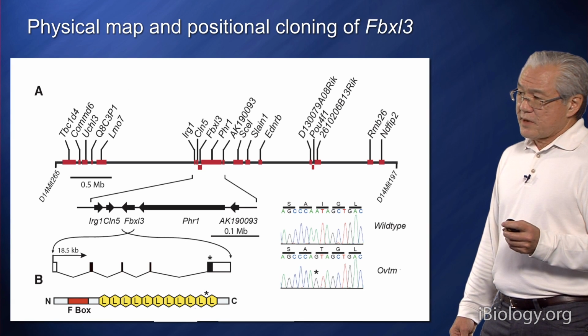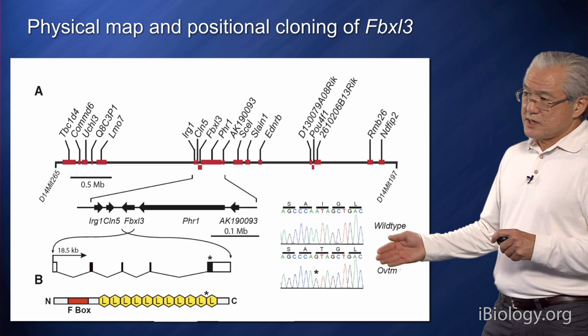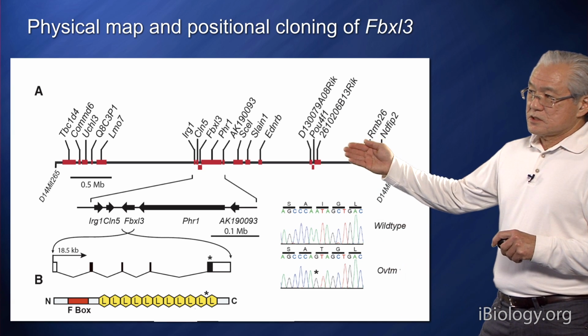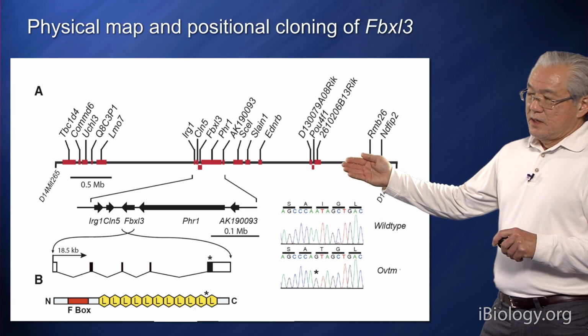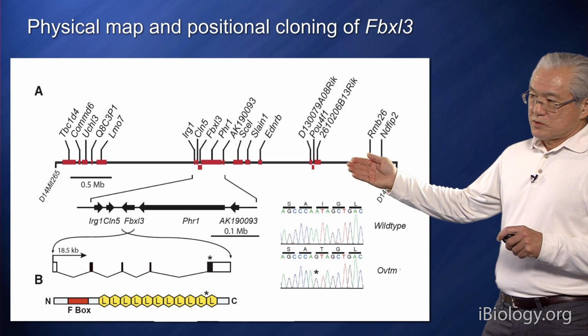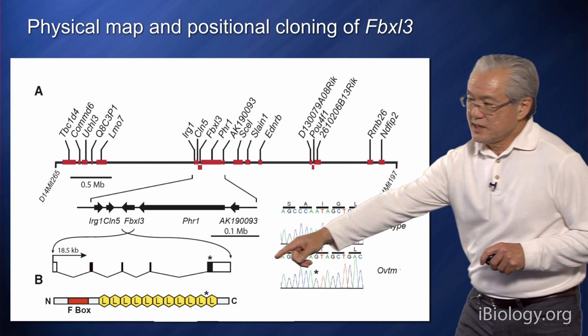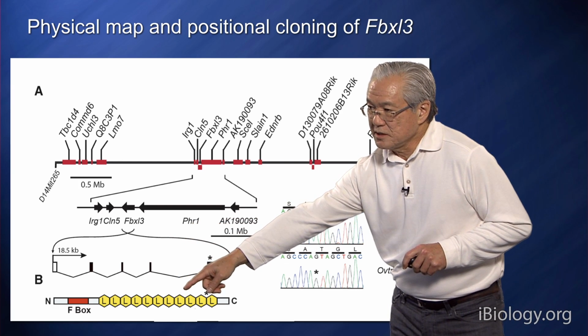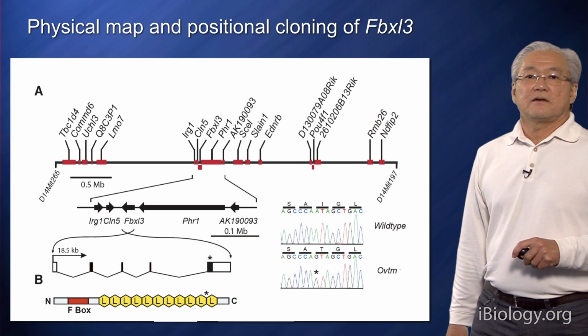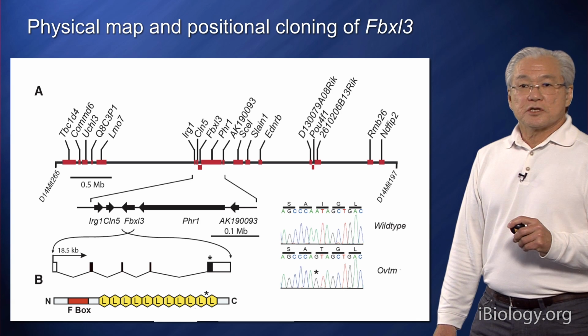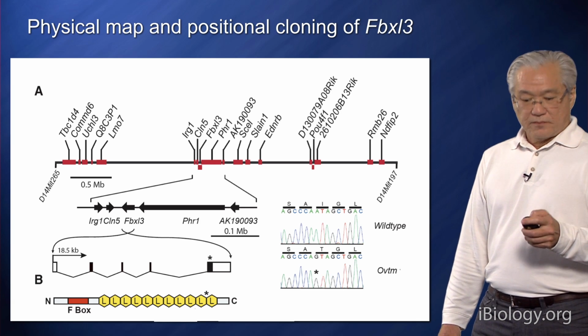And using this mouse, we were able to map the mutation to this region of the genome. And once we were able to reduce this interval, we found that there was only a single mutation in this gene here, which is called FBXL3, which is an F-box protein.